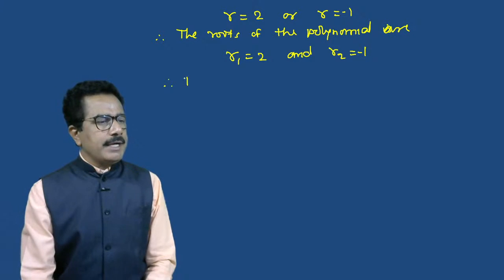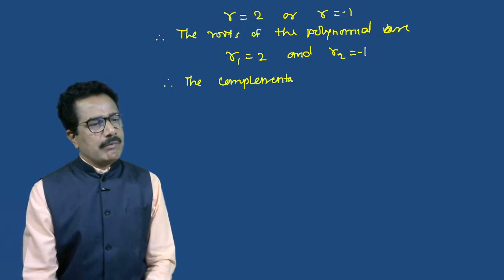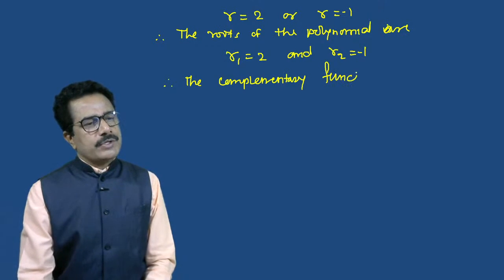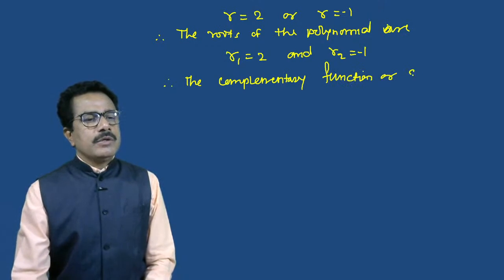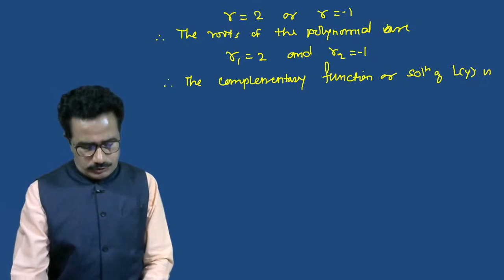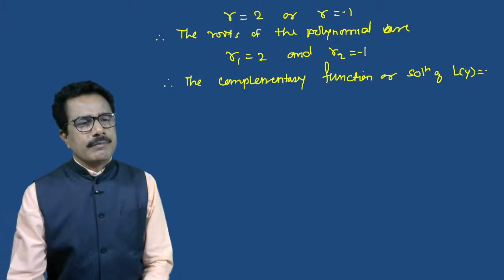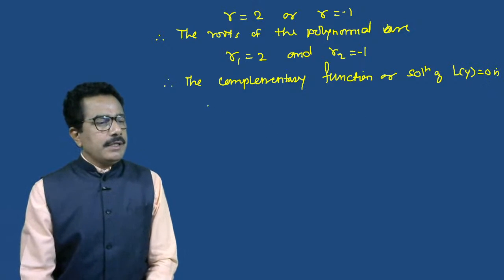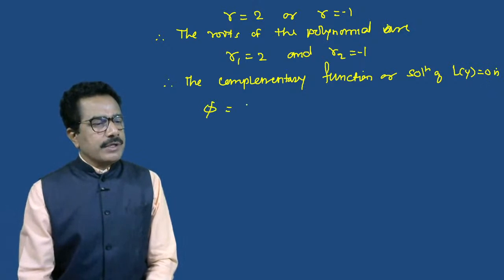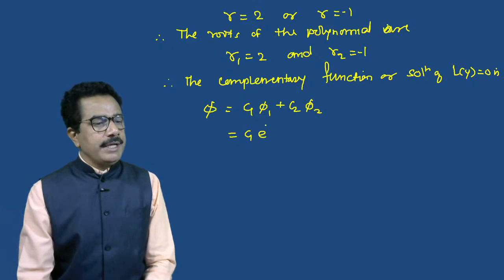Therefore the complementary function or solution of L of y is equal to 0 is phi is equal to c1 phi1 plus c2 phi2. That means c1 e raised to r1 z plus c2 e raised to r2 z.